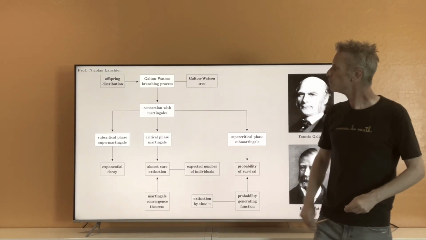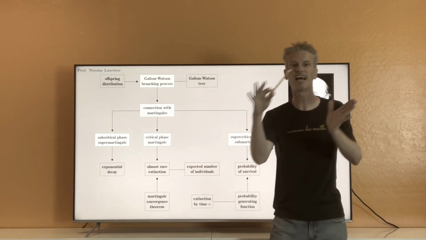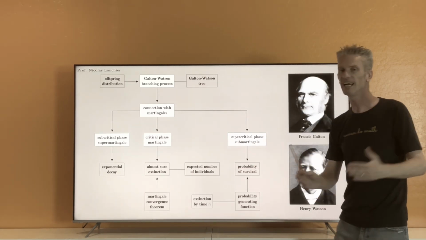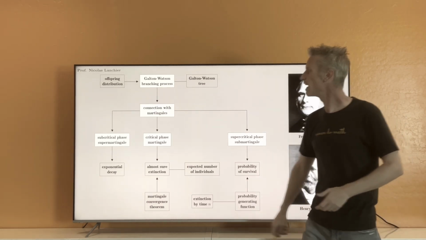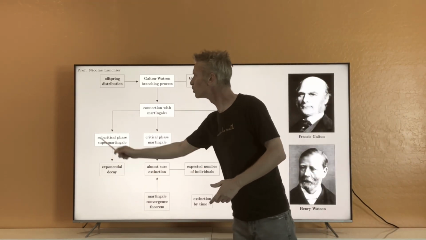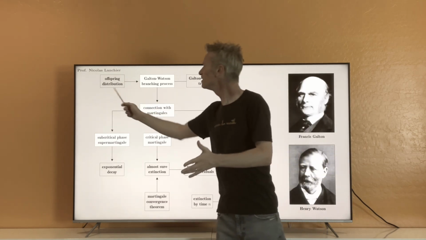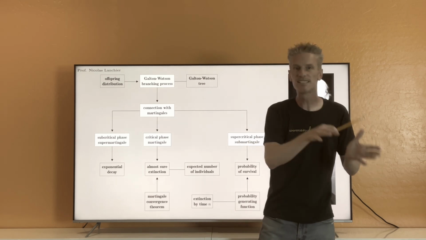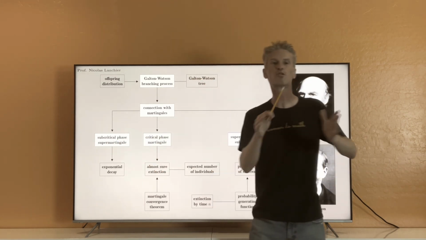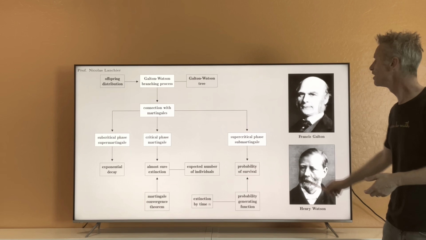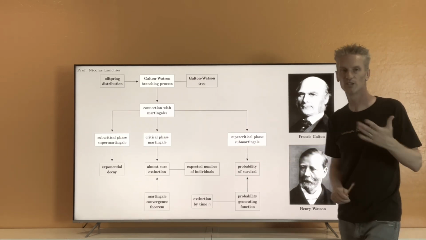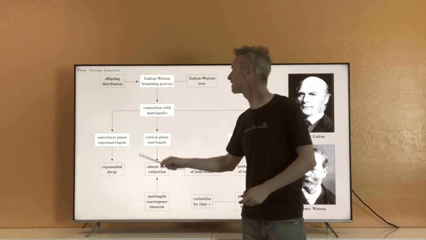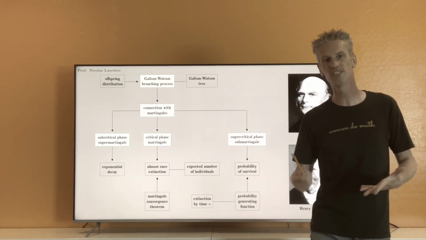Because a supermartingale tends to decrease on average, while a submartingale tends to increase, we are going to call the set of offspring distributions such that the process is a supermartingale the subcritical phase. At the opposite, when we have a submartingale, we are going to call that the supercritical phase. And when the process is exactly a martingale, we are going to call that the critical phase.